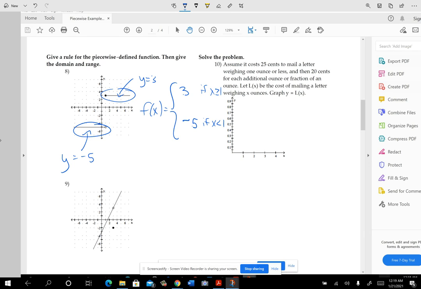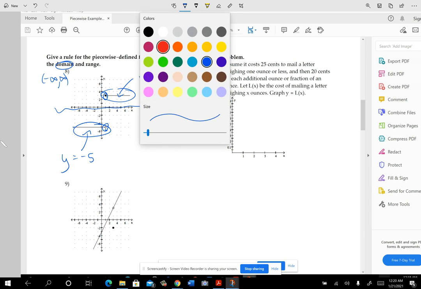And then domain: the endpoint of this piece is right below the endpoint of that piece, and that one's filled in. This one is open. So if you smashed all these points to the x-axis, everything would be covered up. So for domain, it would be negative to positive infinity, all reals.